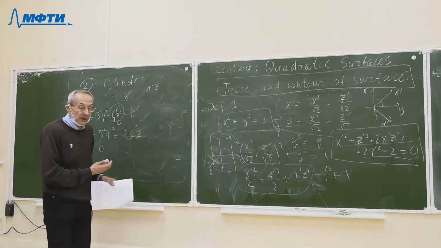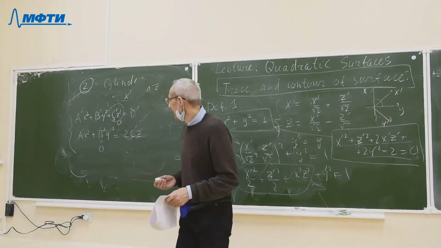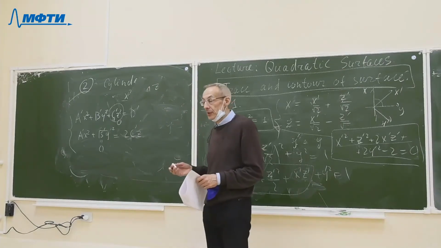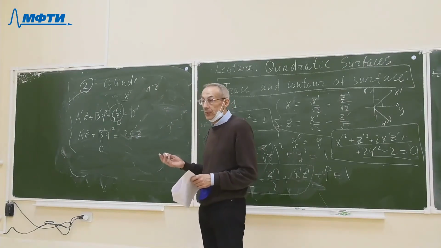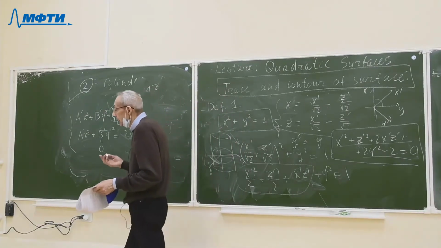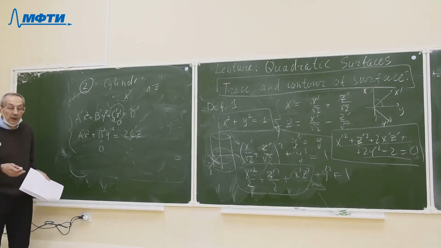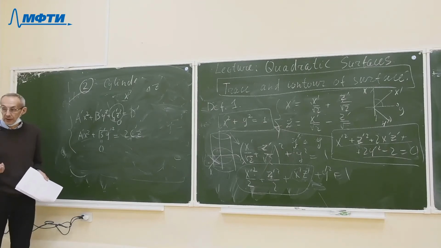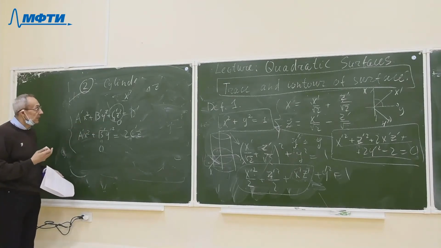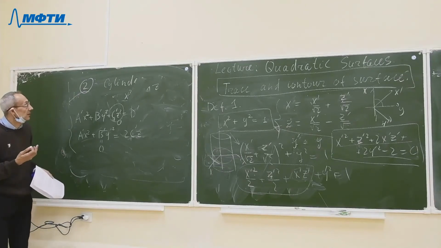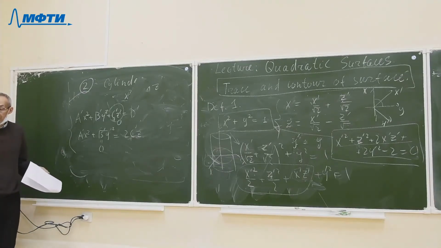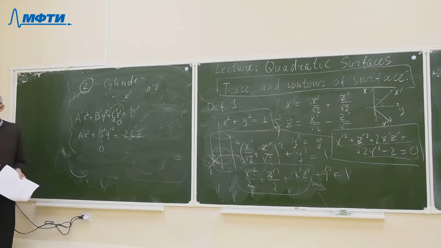This main theorem guarantees that, after reducing our arbitrary equation of the surface to the canonical form, we can understand whether we have a cylinder or not. In this form, one of the variables can be absent, and in this case we obtain the cylinder. Does this answer your question? Okay, thank you.